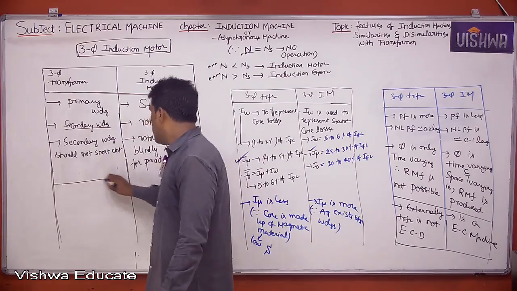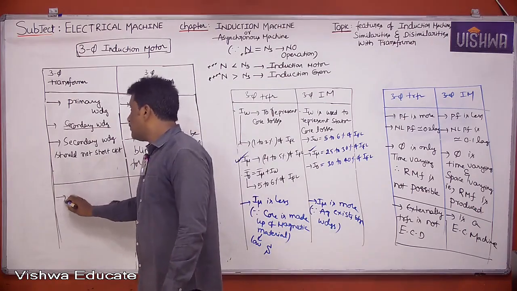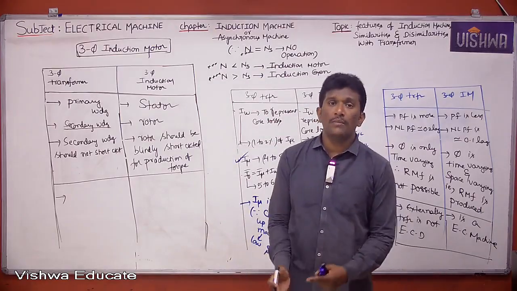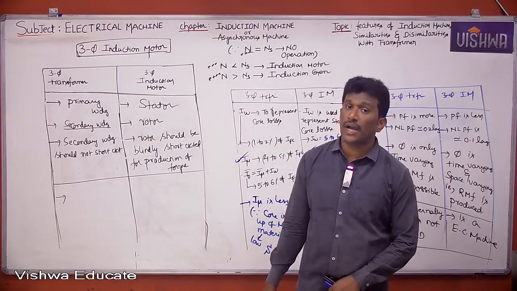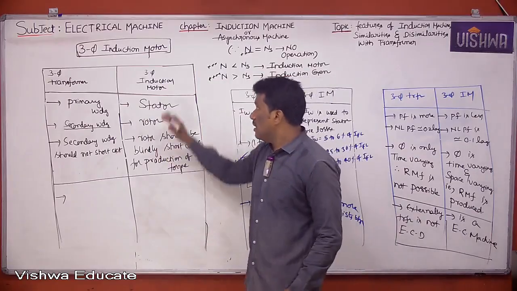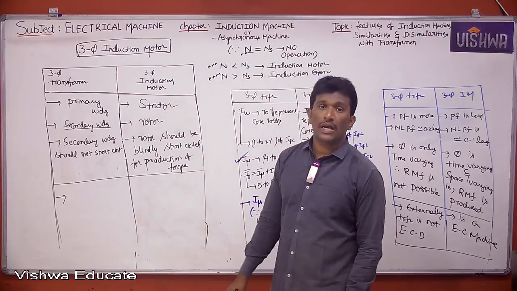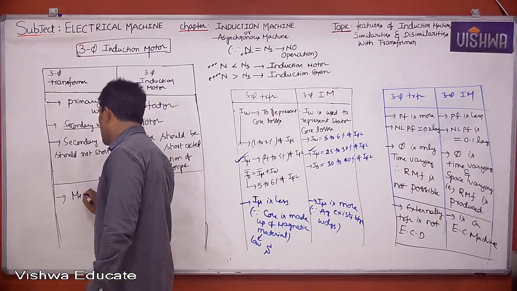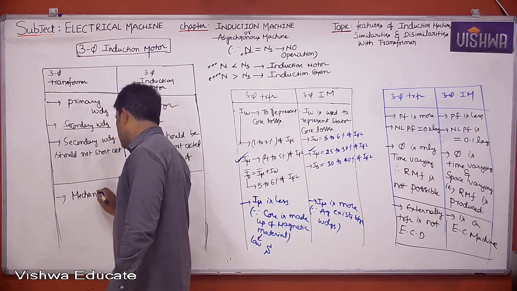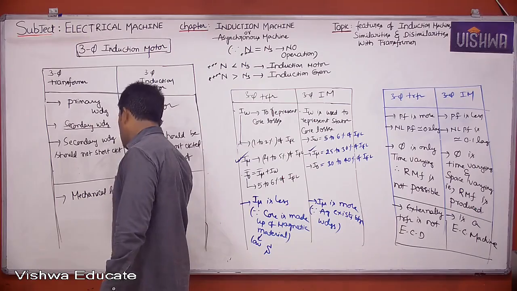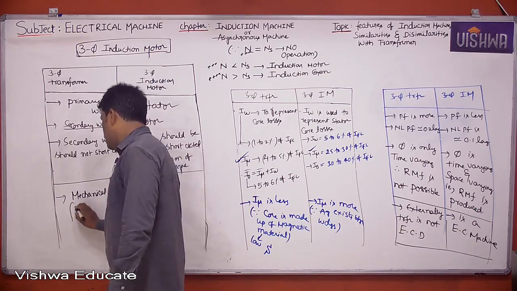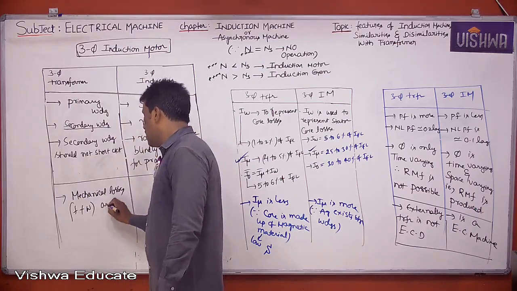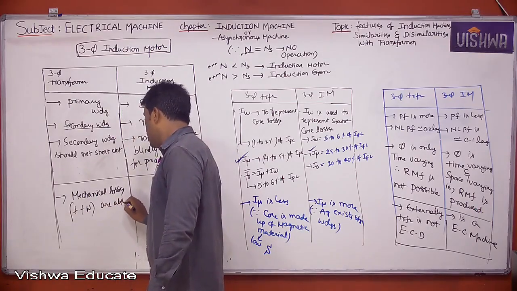Now tell me, in case of a transformer, since it is a static device, I don't have any mechanical losses. But in an induction motor, mechanical losses will be there. Let me write here: in case of a transformer, mechanical losses, nothing but friction and windage losses, are absent here.